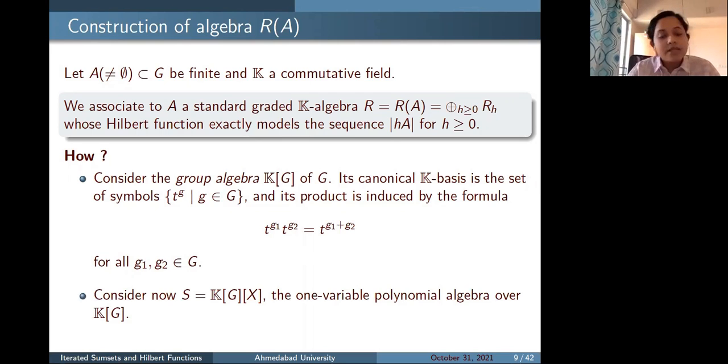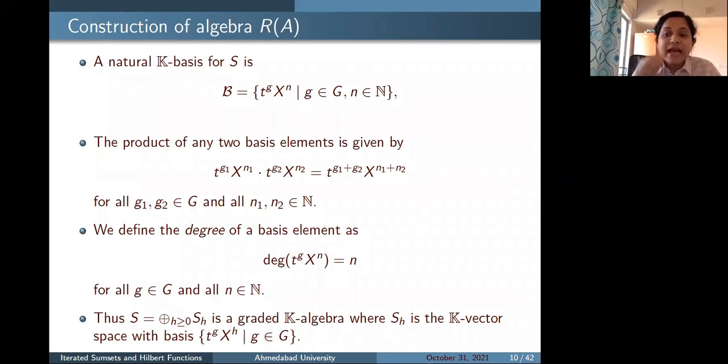Now let me consider the one variable polynomial algebra over KG, which I am denoting by S. Clearly, this S has a natural K basis, which is t^g x^n, where g is from my group and n is from the set of natural numbers.